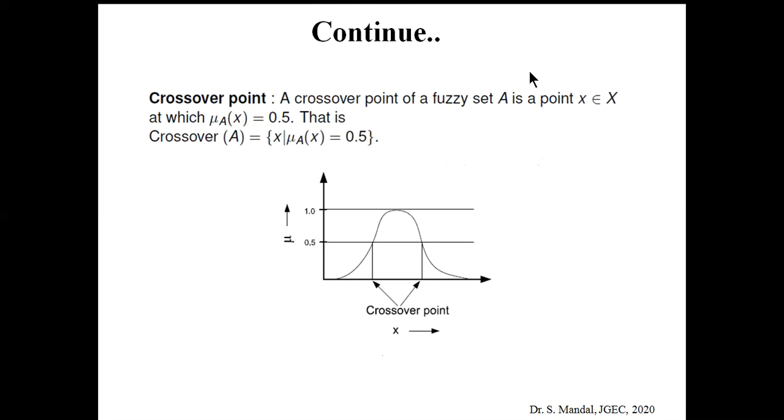A crossover point of fuzzy set A is a point x at which mu equals 0.5. You can see that this is the corresponding membership function, and this point denotes mu equal to 0.5. If we draw a straight line from here, there will be two points that cross the membership function, and those points are known as the crossover points.